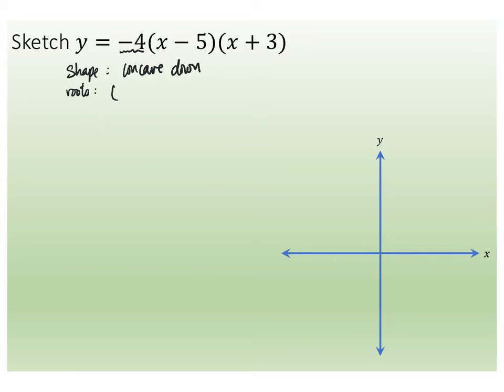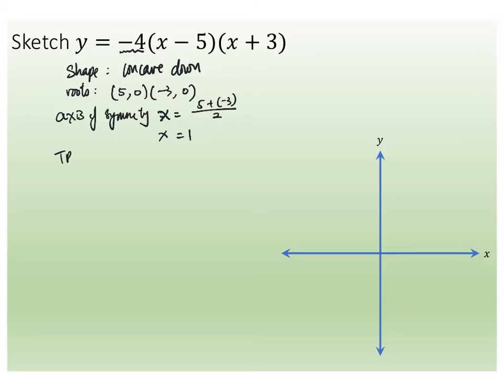So you know that the roots would be (5, 0) and (−3, 0). Alright, you can write it down straight away because you know the null factor law. Alright, so here we know the axis of symmetry is x equals (5 + −3) over 2, which is 2 over 2, so x equals 1.